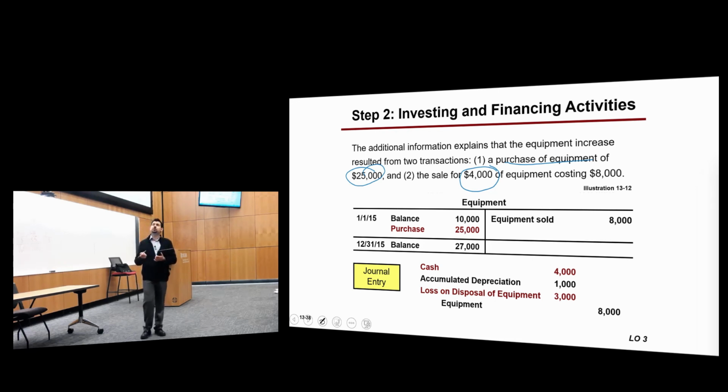What about the sale of that equipment? How much did the company actually receive in return for that? 4,000. They sold it for 4,000. This is the amount of cash the company received. So this is the cash inflow.